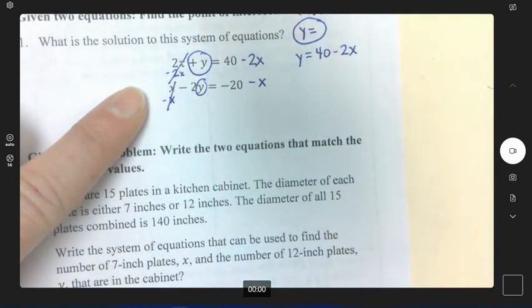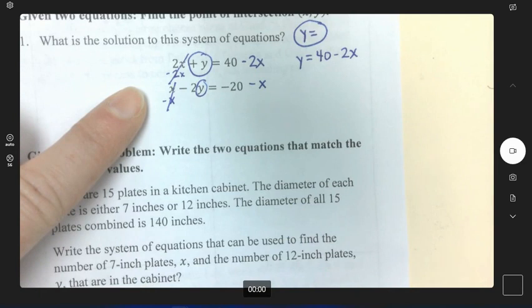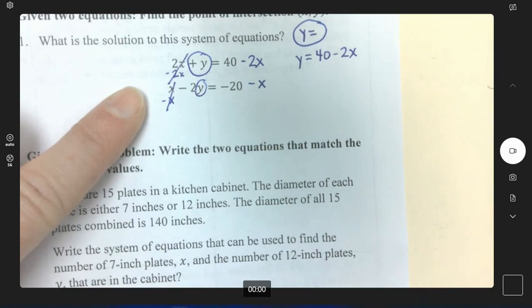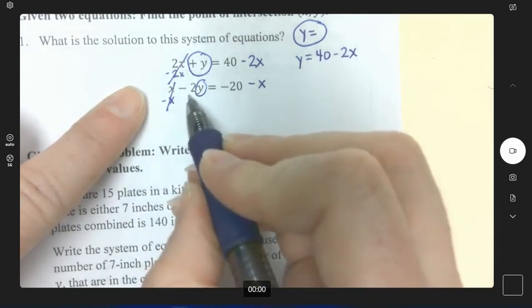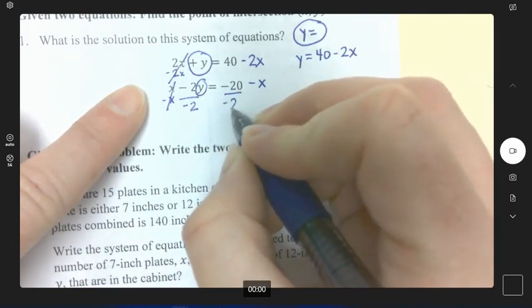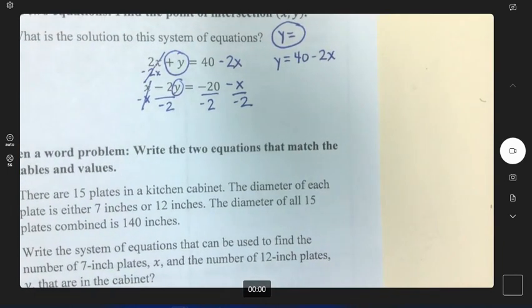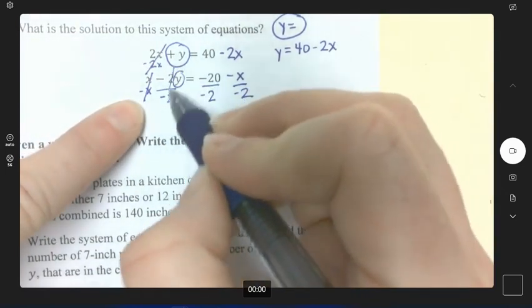But this time it's negative 2 times y. So to get negative 2 off of that side and to the other, we have to divide because you always do the opposite of what is being done. So the opposite of negative 2 times y would be dividing by negative 2. And you have to divide everything by negative 2. That's how you get rid of it.